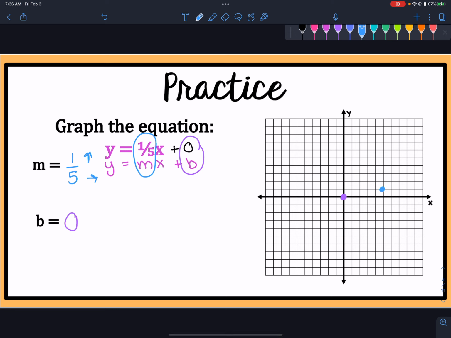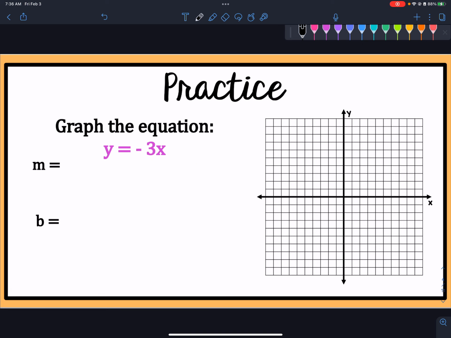And that's my first point. For us to draw very nice lines, we should add a couple more points. So I'm going to go up 1 and right 5 one more time. And I have my 3 points. From here, I can go ahead and I'm going to draw my line. Now for this, you're probably going to need a ruler. That way we get straight, accurate lines. And there we go. There's the graph for our equation.